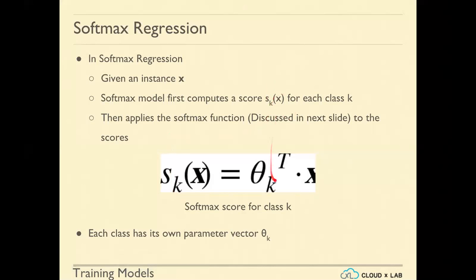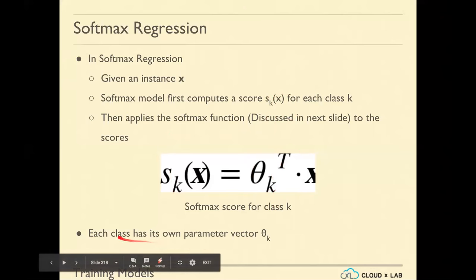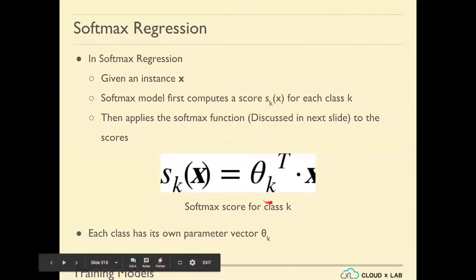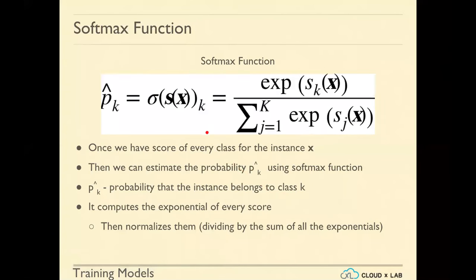For each class, it computes the theta. Each class has its own vector of theta, so essentially the thetas are separate for each class. And then it computes the softmax score here for each class.